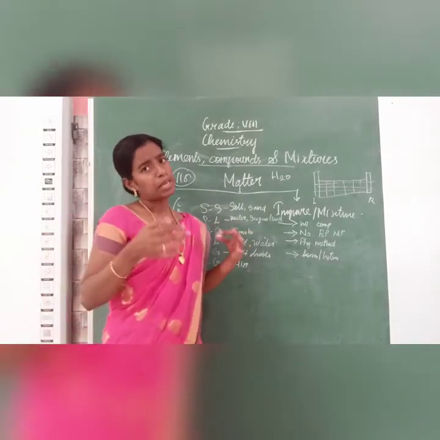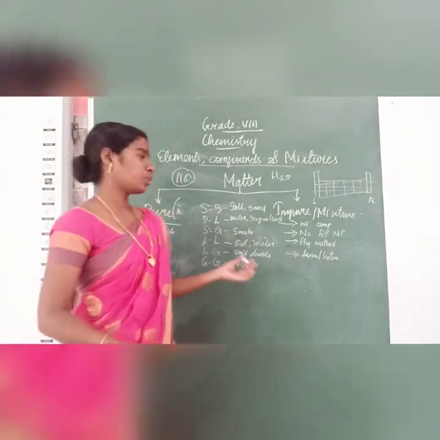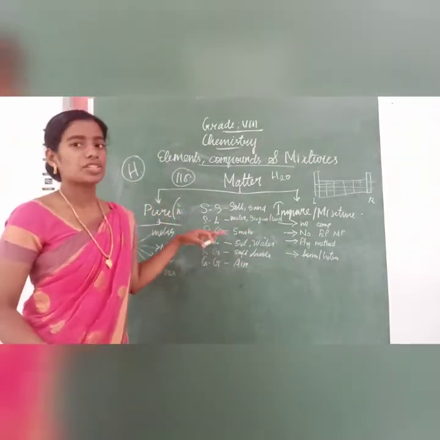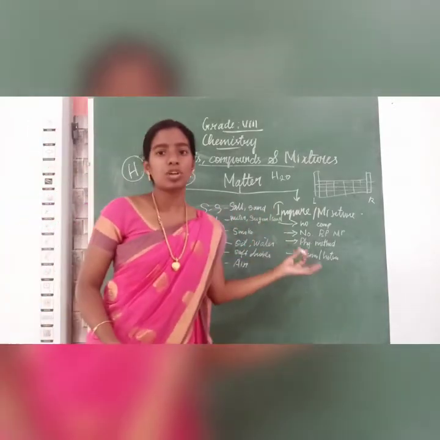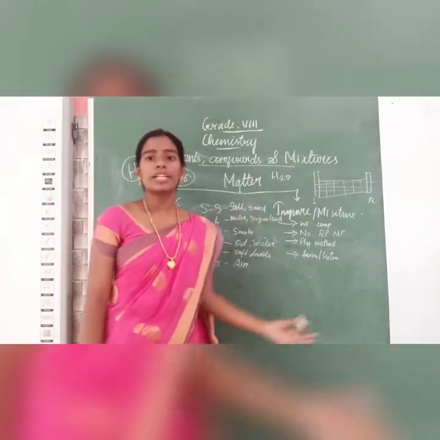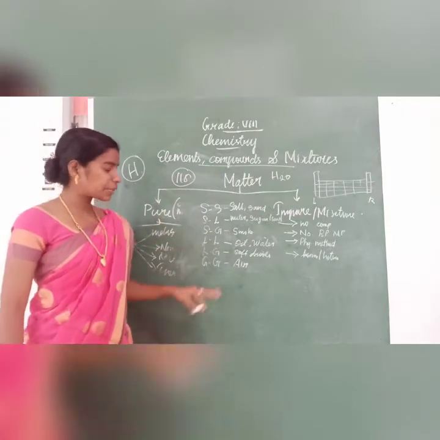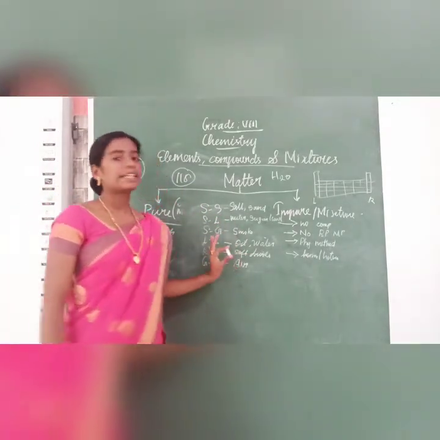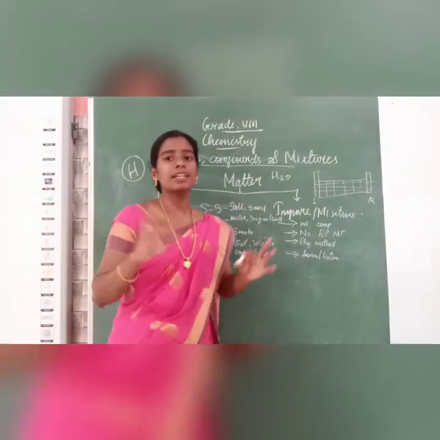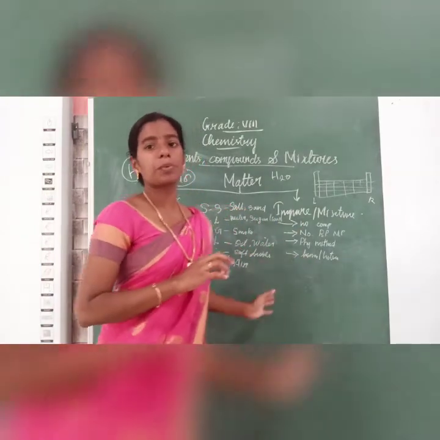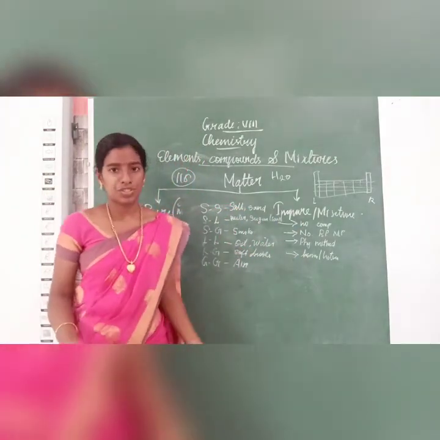The distribution may be uniform or not uniform. And we can form mixtures by mixing solid-solid, solid-liquid, solid-gas, liquid-liquid, liquid-gas or gas-gas. By combining the substances in this proportion, it can form a mixture.